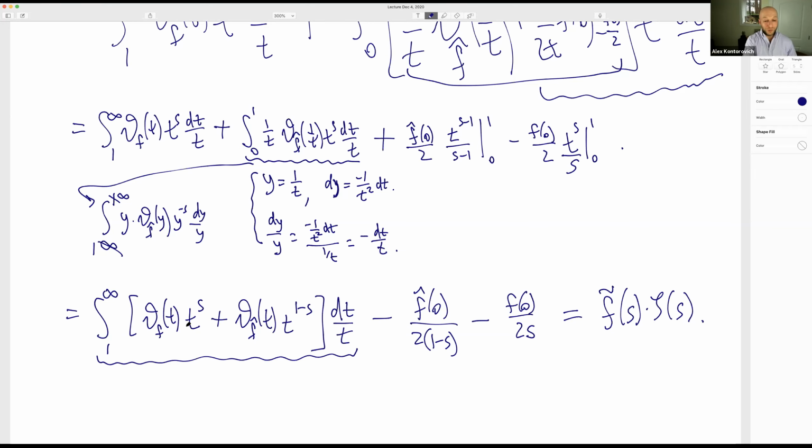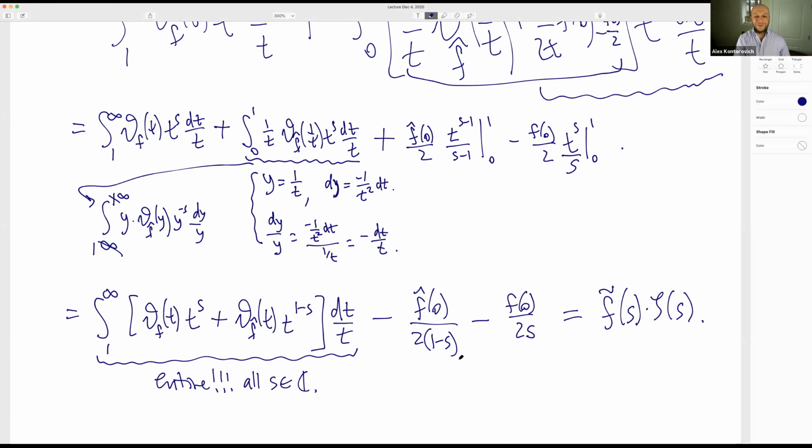Out at infinity, both of these have exponential decay, so they beat out whatever polynomials are next to them. This function is completely entire. We've gone away from 0, where we had trouble. This is entire in all of C, defined over all complex numbers s.